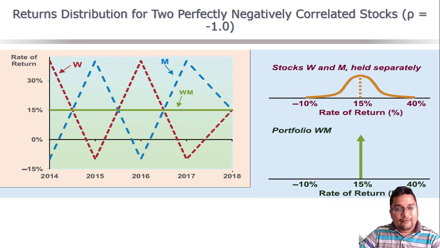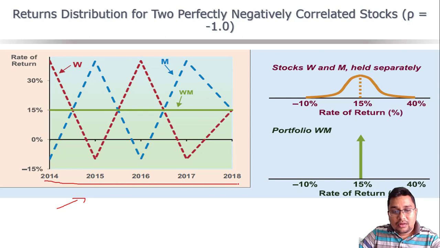Let us look at this graph. The first graph, let us look at the first graph. We have time on the x-axis and we have the rate of return on the y-axis, right? So you can see we have two stocks. One is W and another one is M. Okay, you can see the pattern of return.